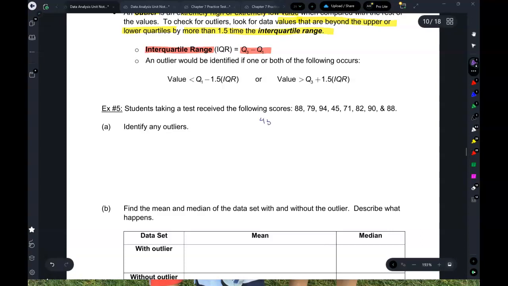So I have a 45, a 71, a 79, 82, 88, another 88, 90, 94. What's the median here? It's between the 82 and the 88, right? You average them, and your Q2 is 85.